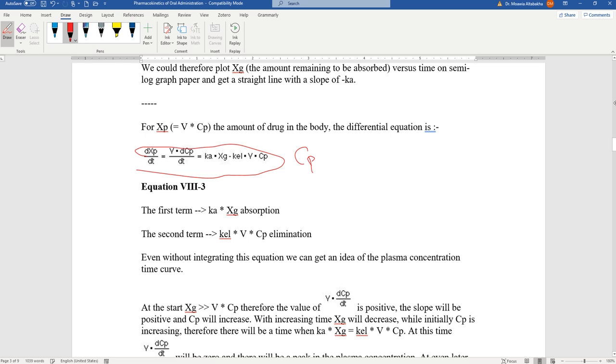Cp at any time is equal to F, where F, as we said, is the bioavailable fraction, times the dose, times KA, which is the rate of absorption constant, divided by V, times (KA minus KEL).